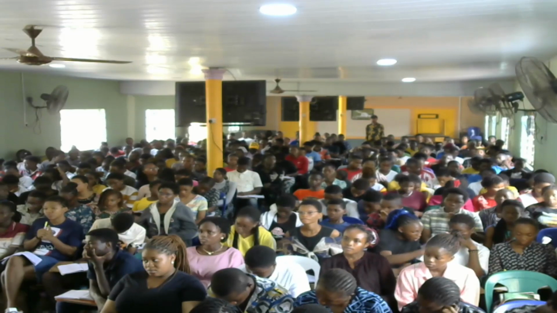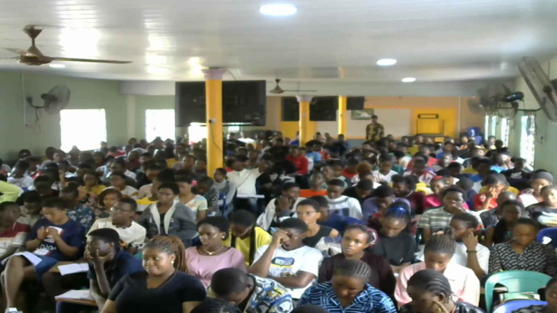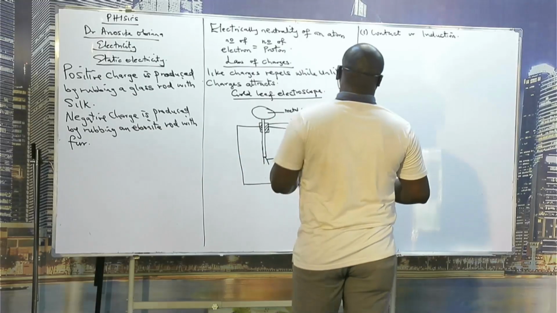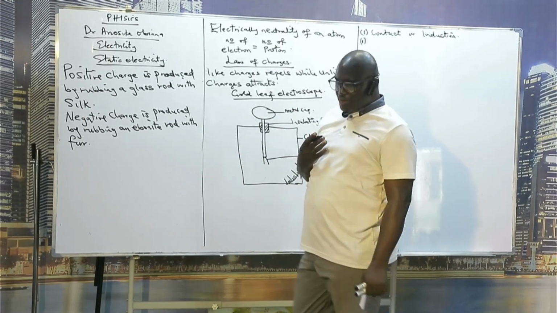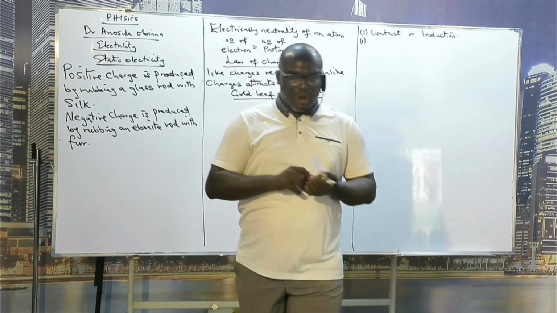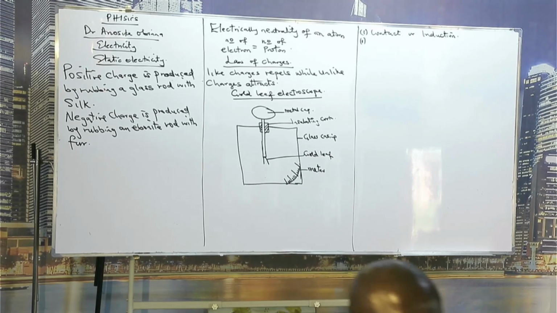Now, how do we charge a gold leaf electroscope? We'll follow these steps. What will come to your mind is: do I want to charge it positively or negatively? That's the first question.